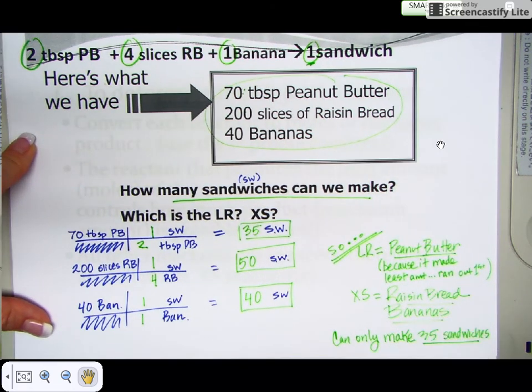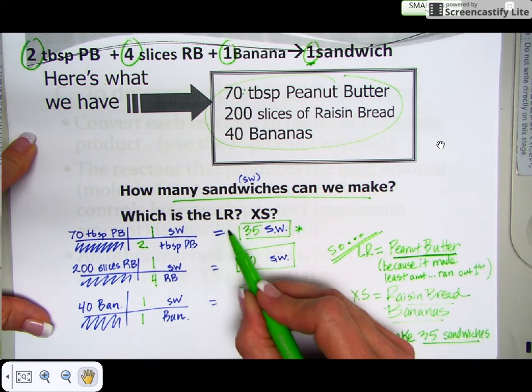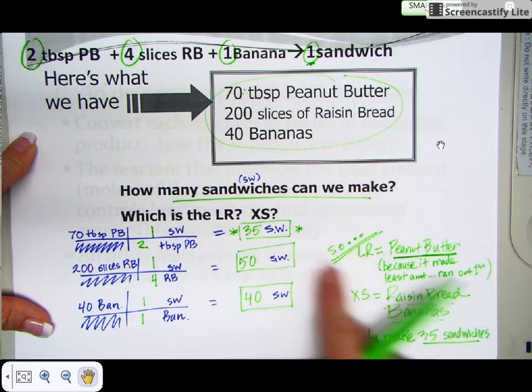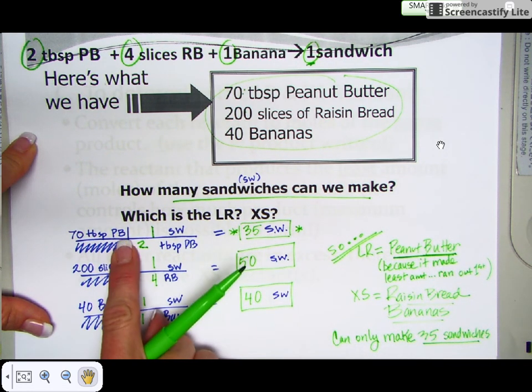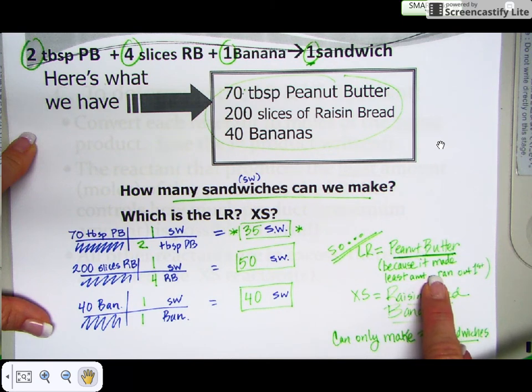Well, the question wanted to know who was the limiting reactant. We determined that it was the peanut butter, and the reason we knew it was the peanut butter is because it made the least amount. It's going to run out first. The peanut butter was the limiting reactant.